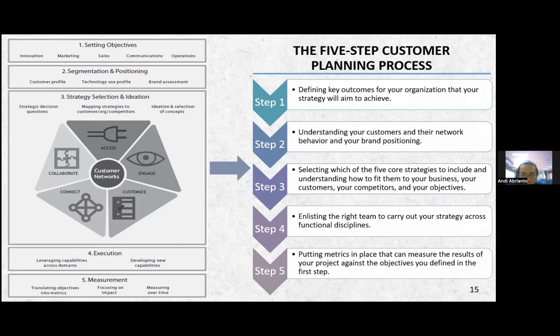And step 4 is execution by enlisting the right team to carry out your strategy across functional disciplines, from research and development to operations, customer-facing service, outbound communication, and top-level leadership. And the last step is measurement by putting metrics in place that can measure the result of your project against the objective you defined in the first step.